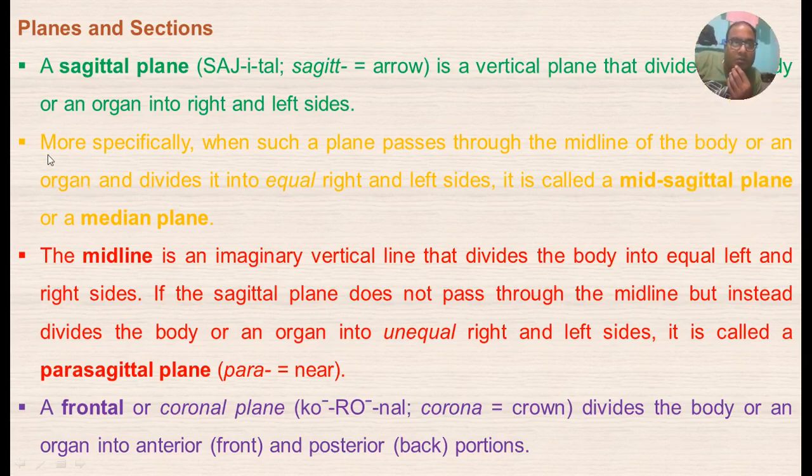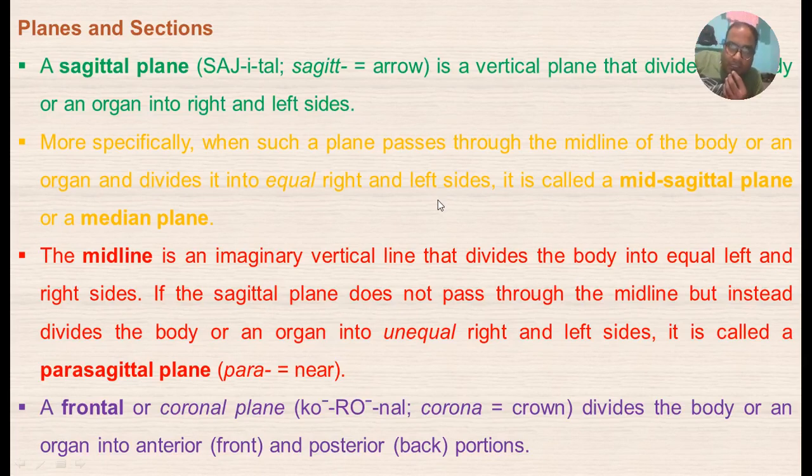More specifically, when such a plane passes through the midline of the body or an organ and divides it into equal right and left sides, speaking very specifically, this sagittal plane should be the vertical plane present at the midline of the body, dividing it equally into left and right parts.